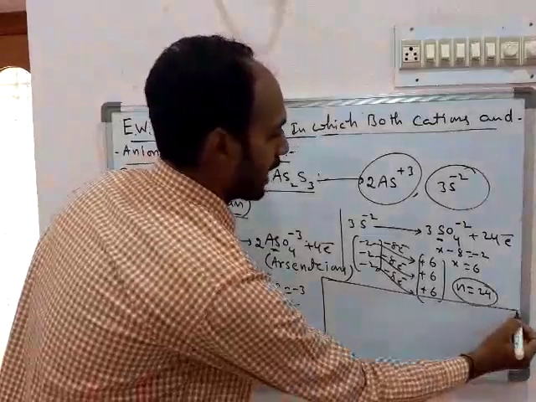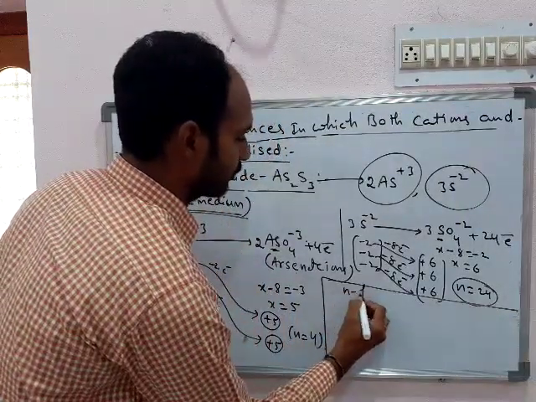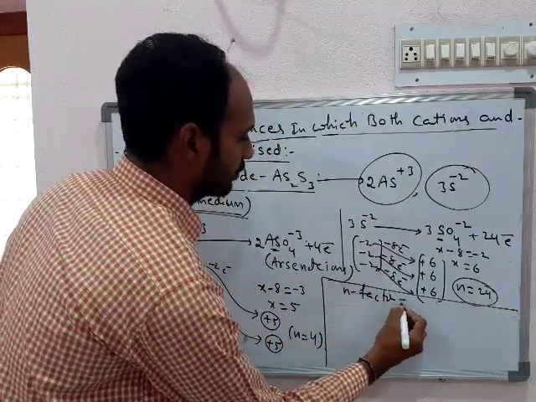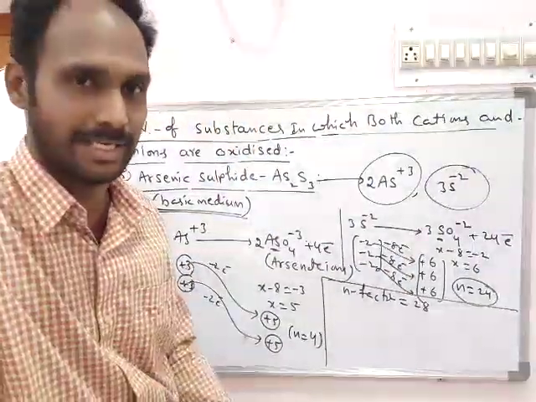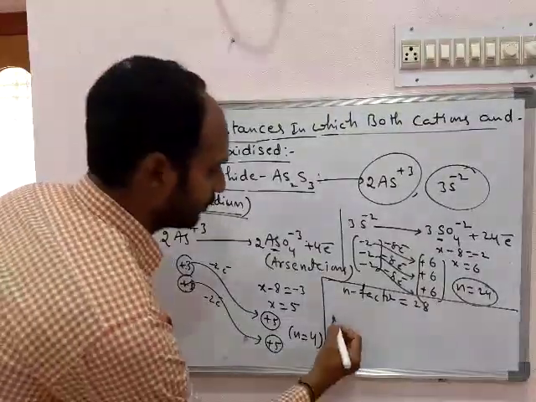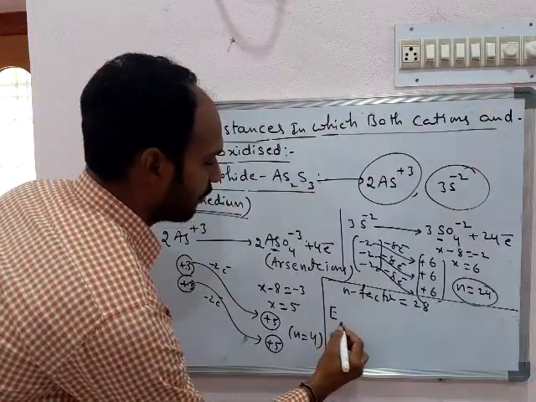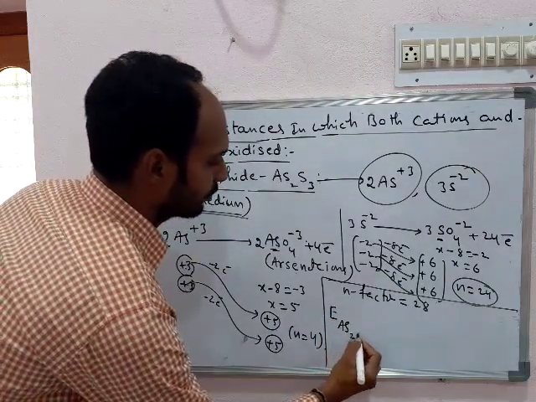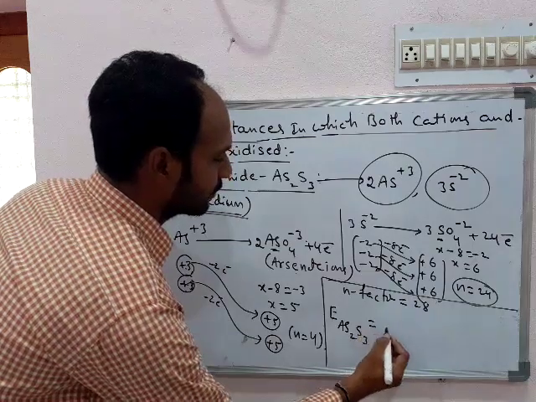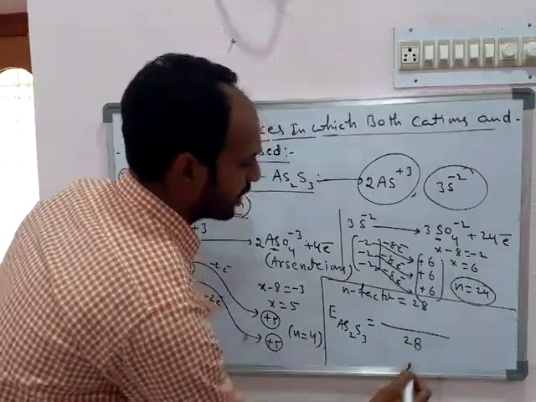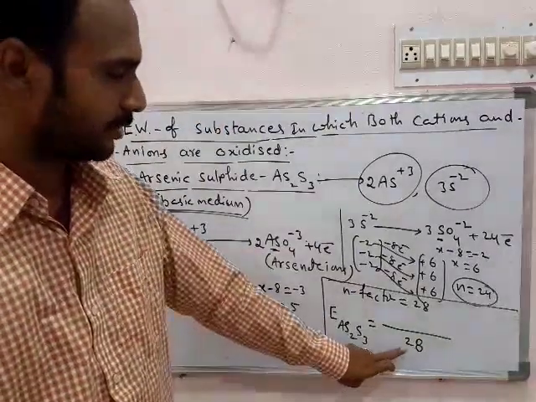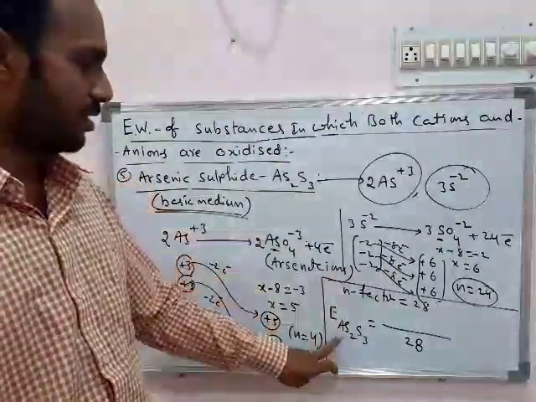For this total reaction, the n factor is 28. So therefore, the equivalent weight of arsenic sulfide is its molecular weight by 28. So what is the molecular weight?